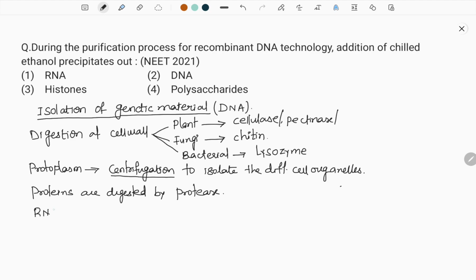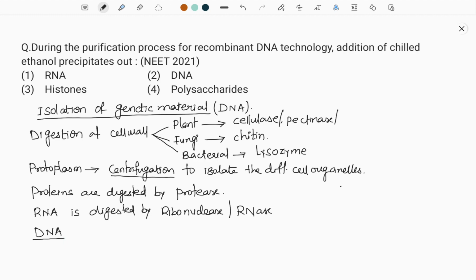That RNA is also associated with the DNA. So RNA gets digested by ribonuclease. Ribonuclease can also be called RNase. By this, RNA gets digested, and at last, after isolation of all the components, we get the DNA.